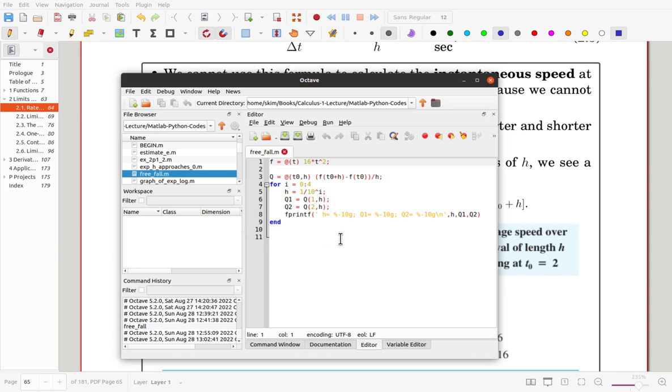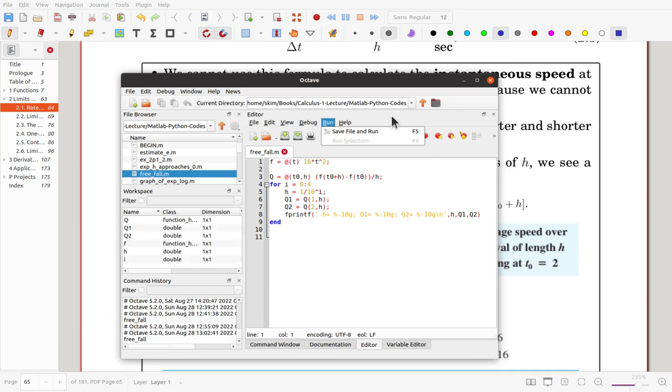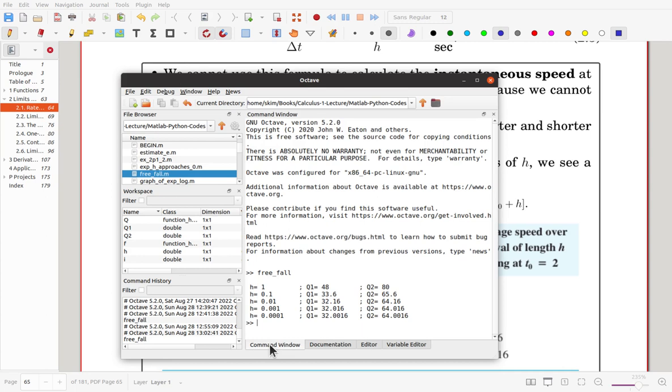So it's a printout. You can run it by clicking that button, which is the same as F5, so I'll hit F5. Okay, it's executed, and if you go to the command window, you can see the result.